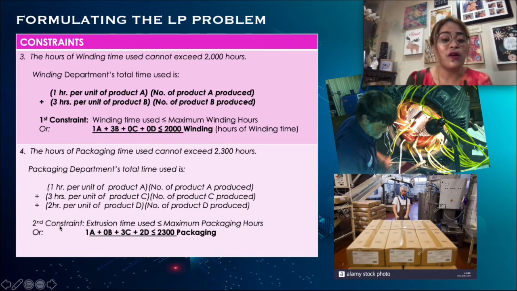I probably just copied and pasted it and forgot to change it. Okay, but this is my original work. So here's our fourth constraint. Packaging time used must be less than or equal to the maximum packaging hours, or 1A plus 0B plus 3C plus 2D must be less than or equal to 2,300 packaging hours.